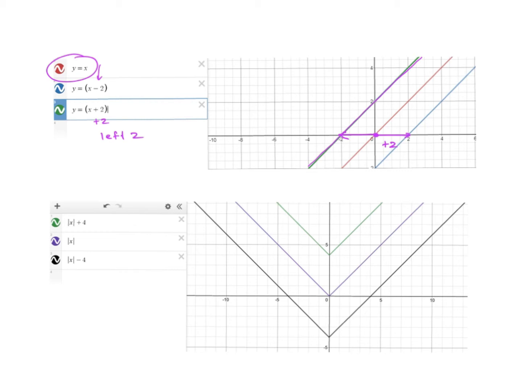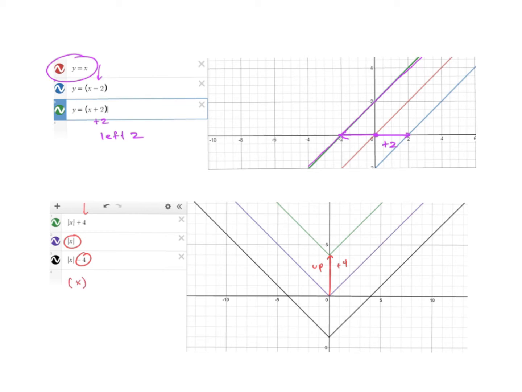Now, I had to bring out an absolute value as a parent function for us to look at some of the shift up or down, because if I use the previous parent function, it tends to look the same. Here we see a +4 added to our parent function, and you see that shift up of 4 on our graph. And then same thing, we have the -4 outside.